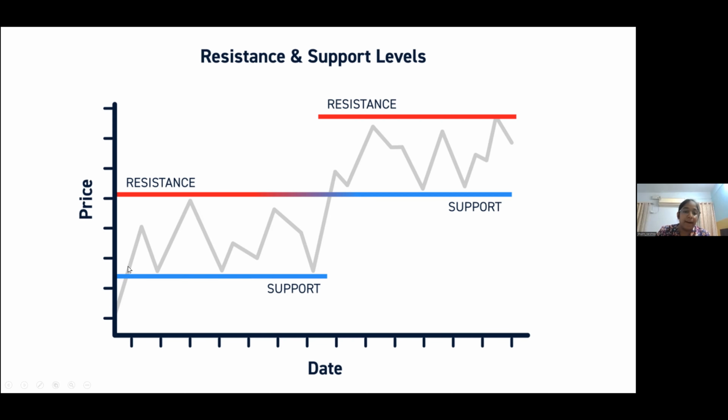Sellers are holding it because they know that the price may go up. They are storing it for various reasons, and once the price reaches quite high, around 5,000 rupees, the sellers might lose interest in buying the very same due to various reasons, and the price may come down. Again the price may go up and come down. The highest level is known as resistance, from where the price comes down.